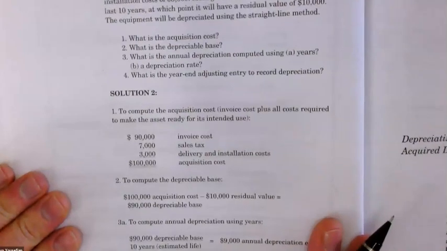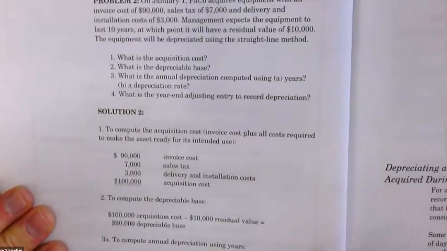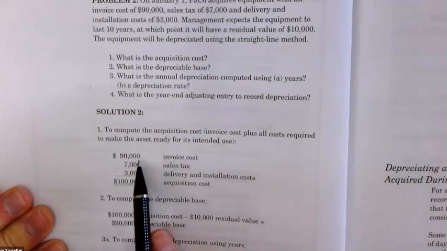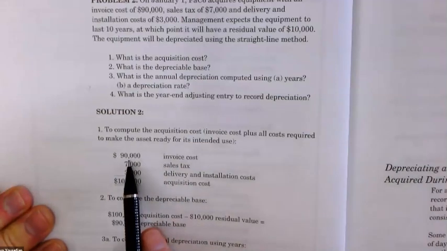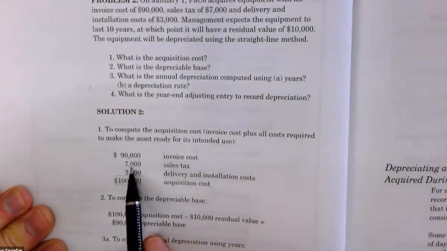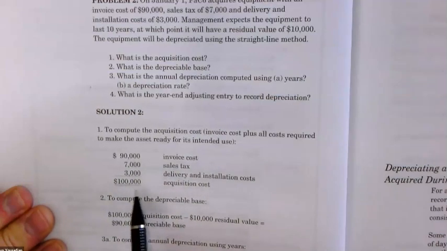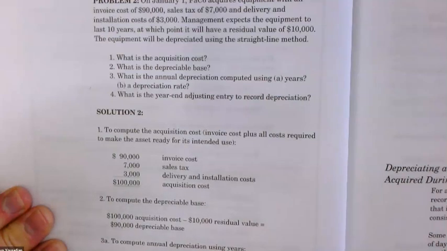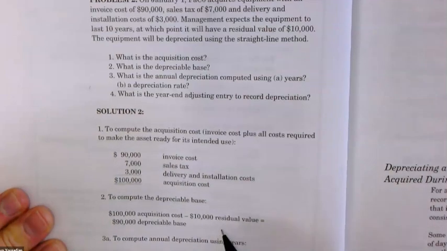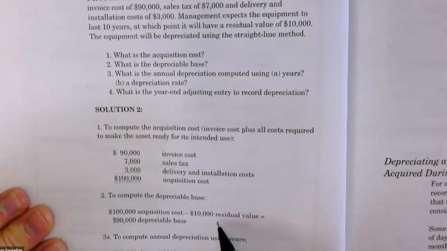In problem number 2, it looks like you paid an invoice cost of $90,000, some sales tax of $7,000, and delivery and installation of $3,000. So the total acquisition cost of the equipment is $100,000, and you believe there is a residual value of $10,000.